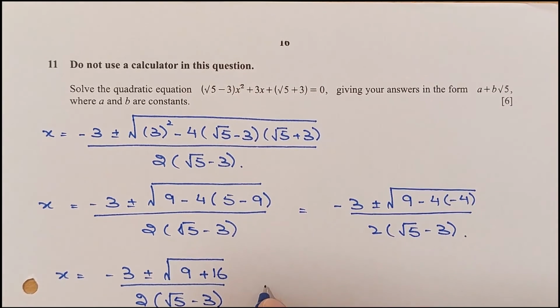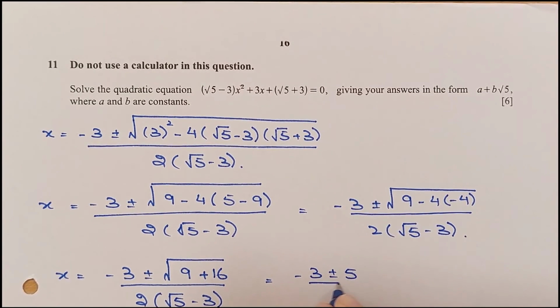So it is 25. So square root of 25 is just 5. So minus 3 plus minus 5 divided by 2 square root of 5 minus 3. So these are the roots.